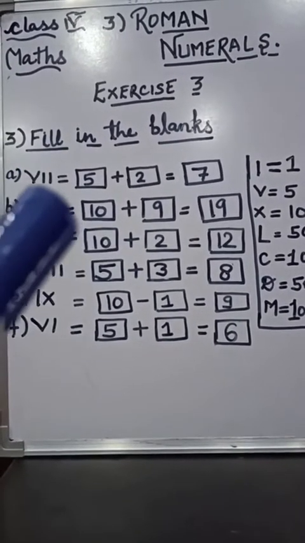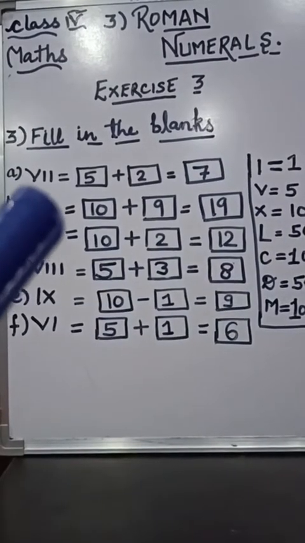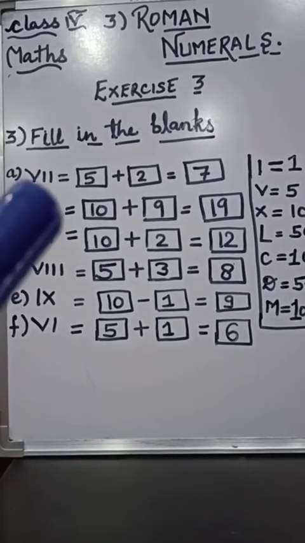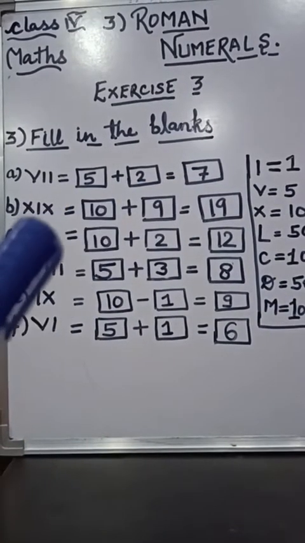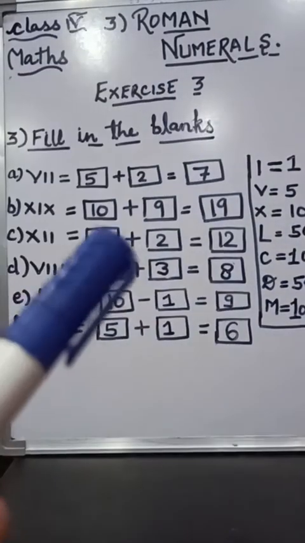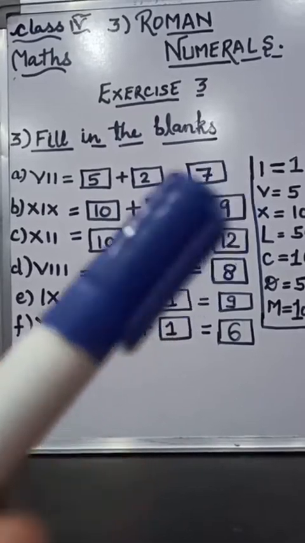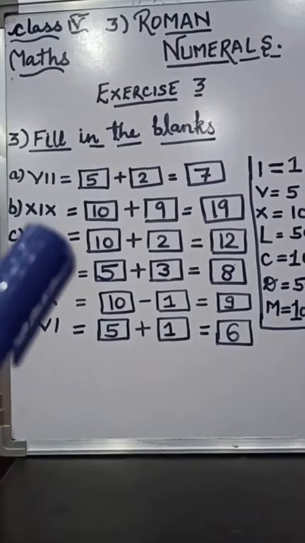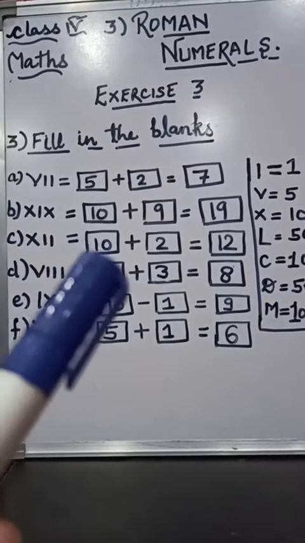So the first one is 7. How? Let's divide them. The first one is VII. So V stands for 5, so we will write 5 here. Then II means 1 plus 1, 2. So 5 plus 2 is equal to 7. Now question B, XIX.